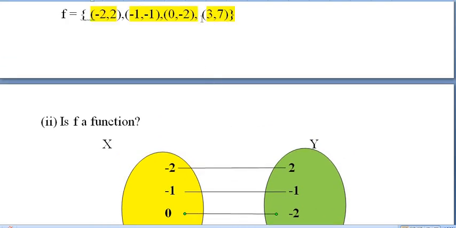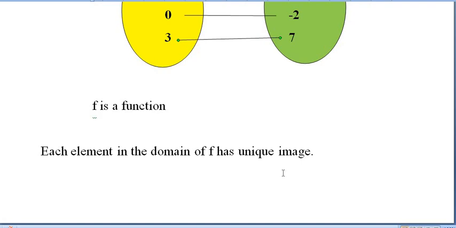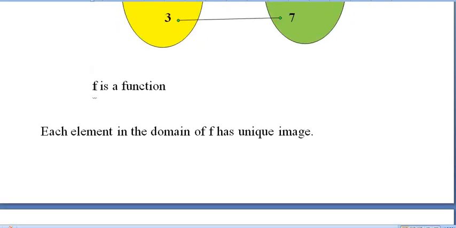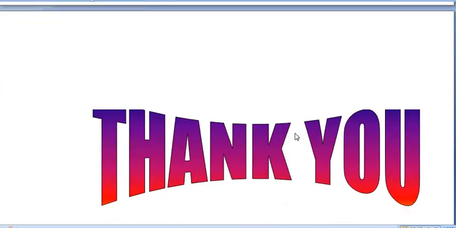And 3 with 7. So each input is associated with an output. So each element in the domain of f has a unique image. So f is a function. So I hope you understood everything. Thank you.